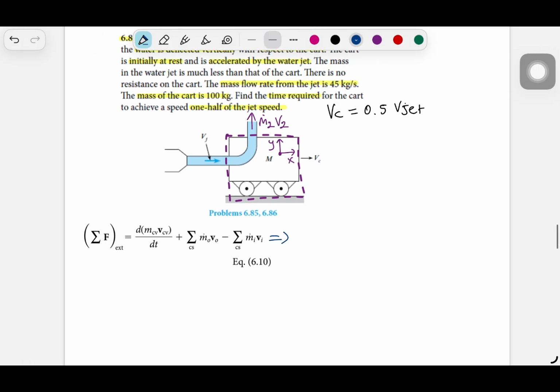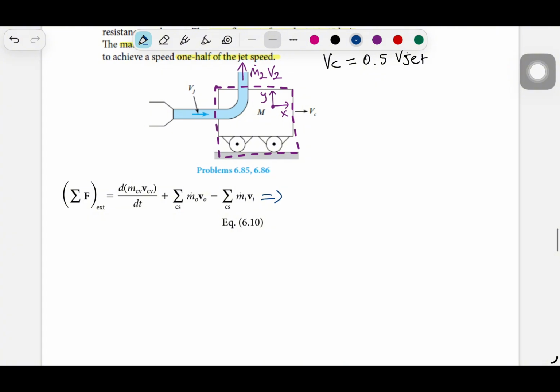If we go back to the momentum equation, we can write it in this form. We have d over dt again, and we have m and Vc, which is the velocity of the card. Then here we will have the out minus in.